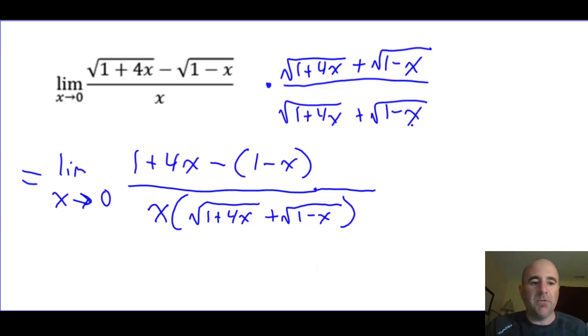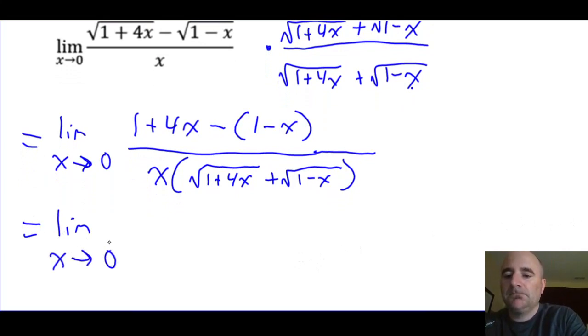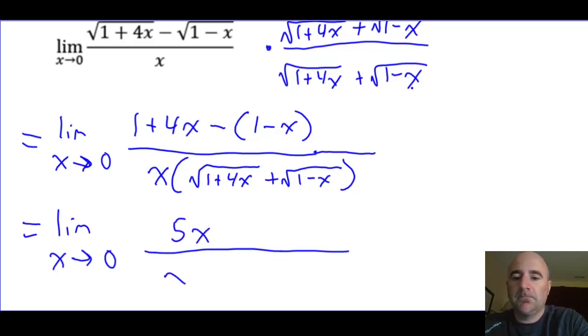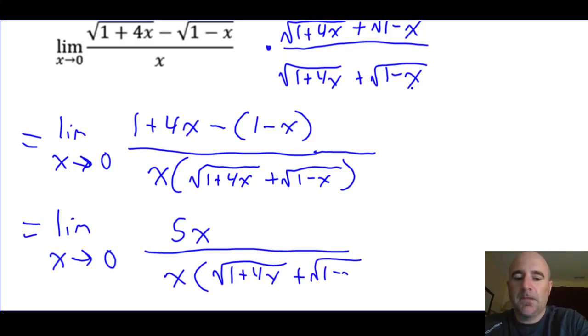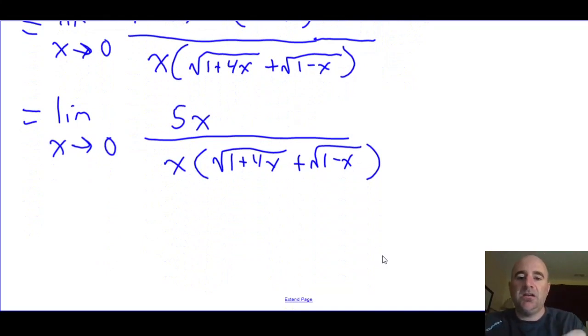Now look at what happens when we simplify the numerator. The 1's subtract out. I get 4x plus x, I get 5x. Just like so. And again, the x's now are going to divide out, and that's really the key step in this one.